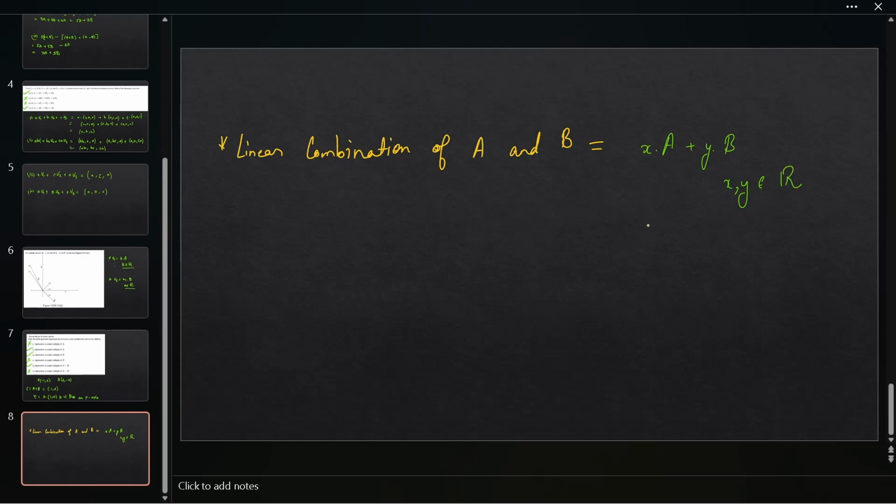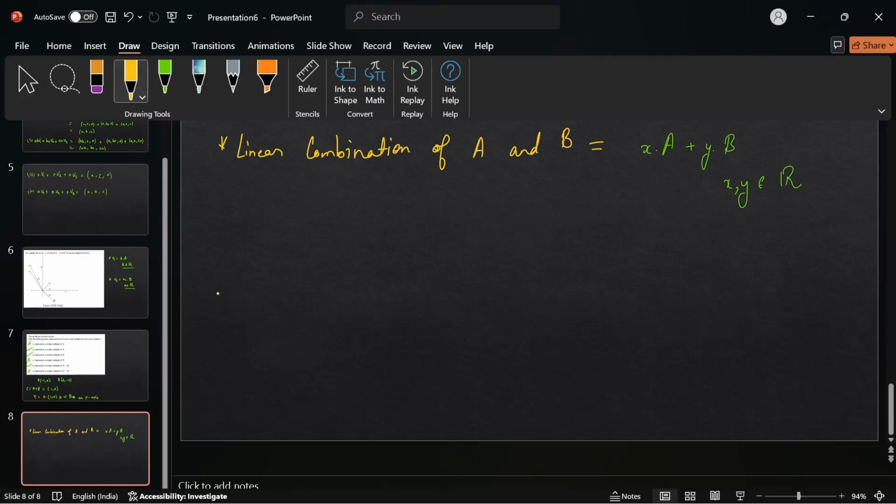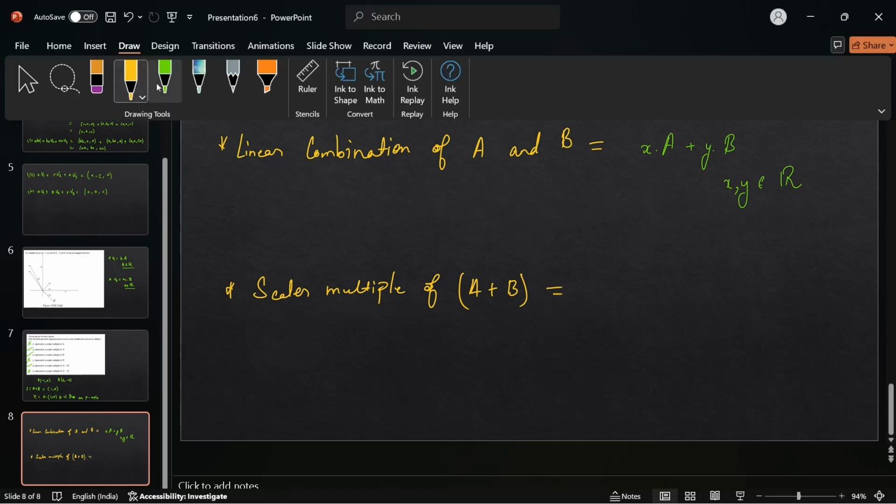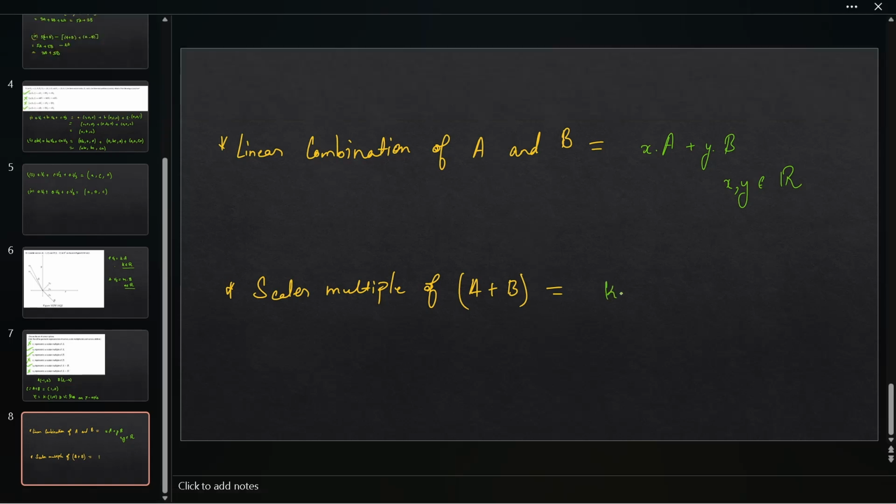This is completely different from what we say is the scalar multiple of A plus B. That would actually be k times A plus B.